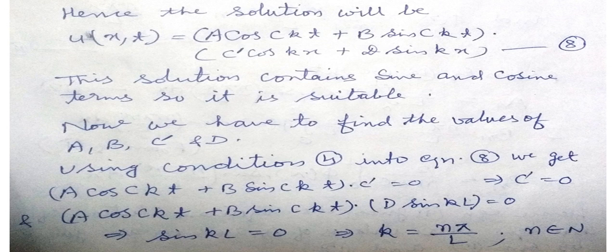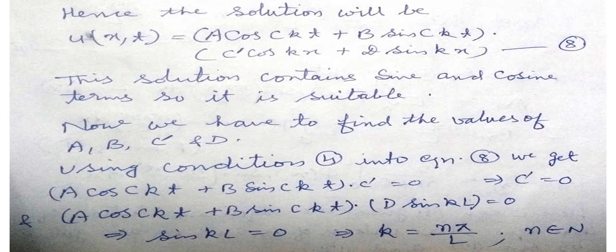For this we use the boundary condition 4 into equation 8, and we will have (A cos ckt plus B sin ckt) into C dash equal to 0, which gives C dash equal to 0 because the first term in the brackets cannot be equal to 0.